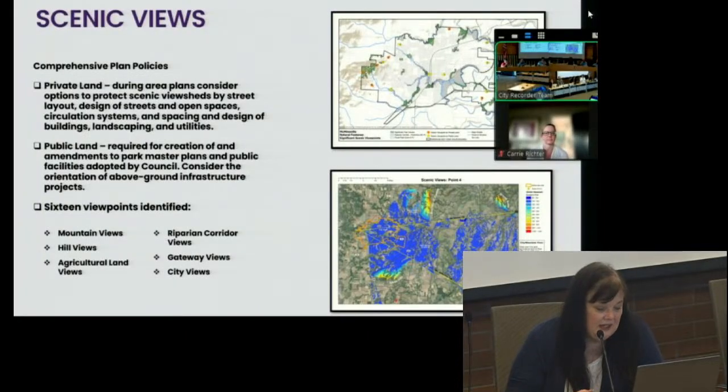For public land, it's a requirement to think about how park master plans and public facilities adopted by the council impact scenic views. Are there other alternatives for those public facilities that would not remove those scenic views? And there's been 16 viewpoints that have been identified that are an exhibit to the ordinance.